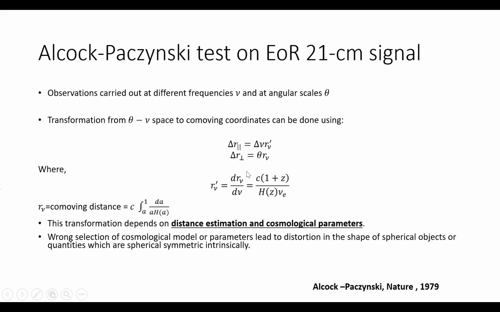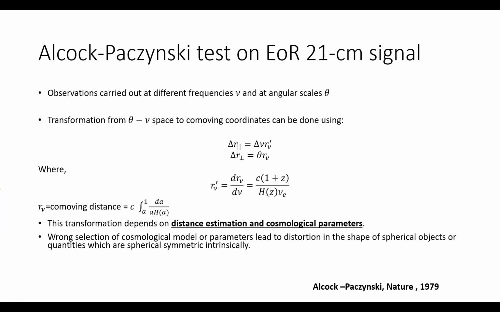Now, you measure things in delta nu, theta space and convert them to co-moving space using these relations, and these quantities are cosmology dependent. You have to know the co-moving distance to that object, and the way you calculate cosmological distance is by assuming some cosmological model and cosmological parameters, right? So the distance estimation and cosmological parameters decide delta r parallel and delta r perpendicular.